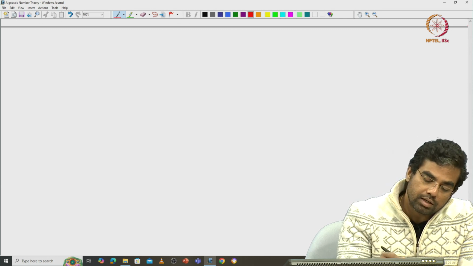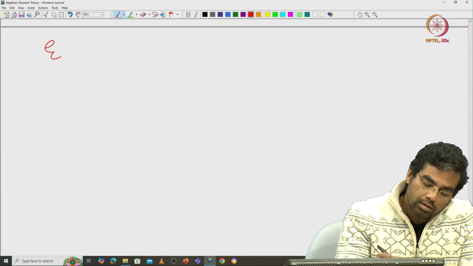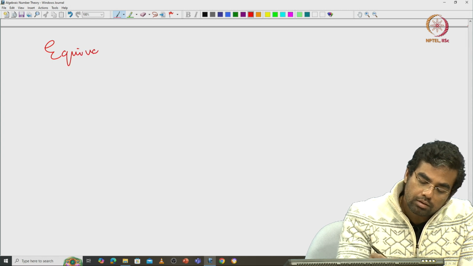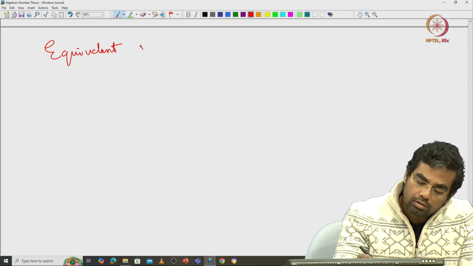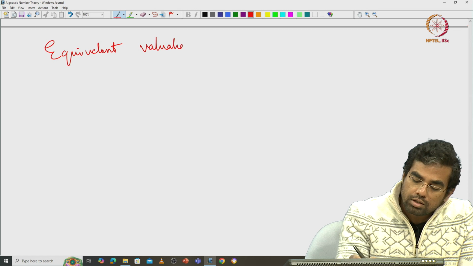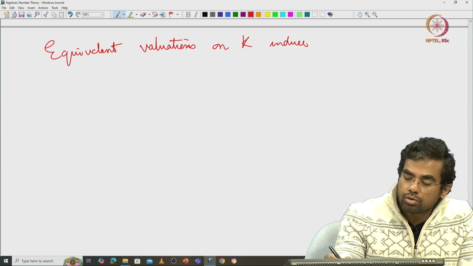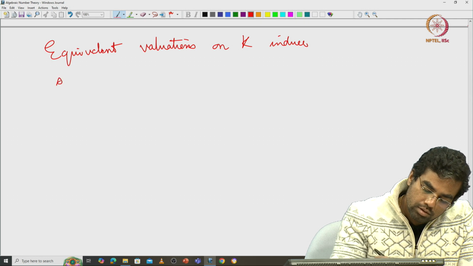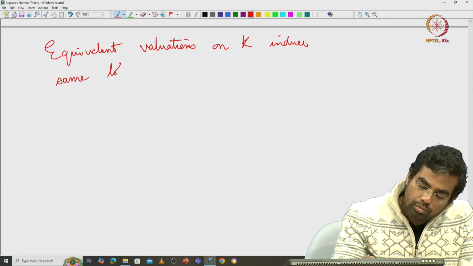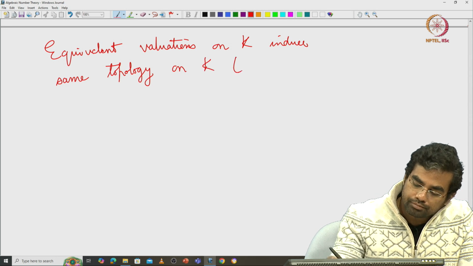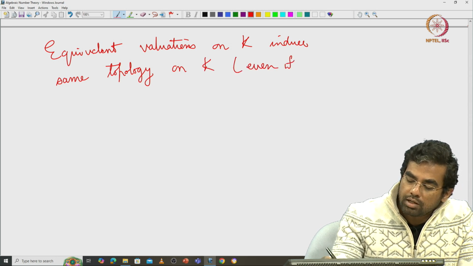Okay, let me say that again. Equivalent valuations on K induce the same topology on K even if the metrics are different.